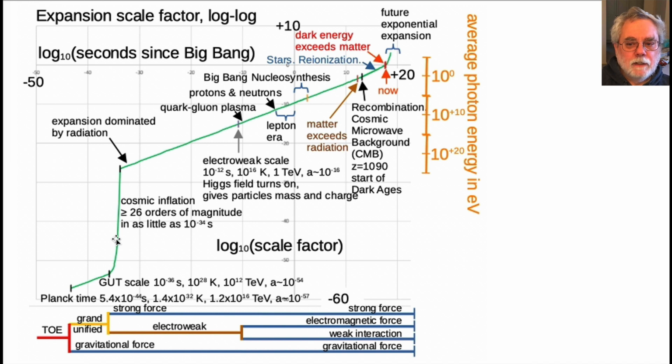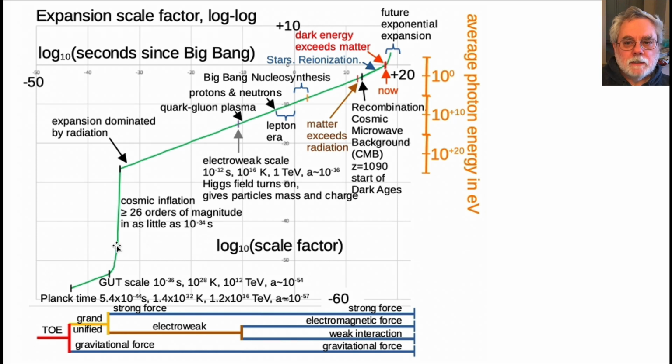This also increased our present particle horizon and the radius of our observable universe from 14,200 megaparsecs had there been no cosmic inflation to at least perhaps 109,000 megaparsecs if there had been cosmic inflation of 26 orders of magnitude.